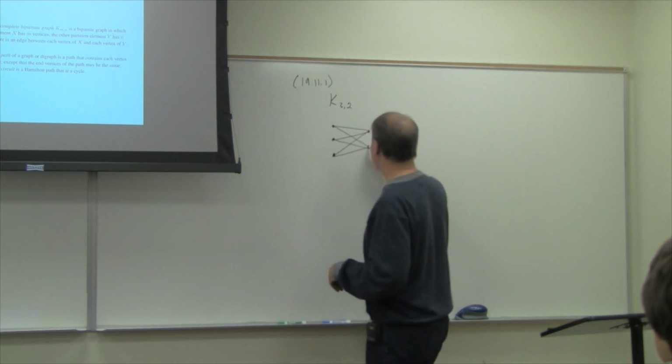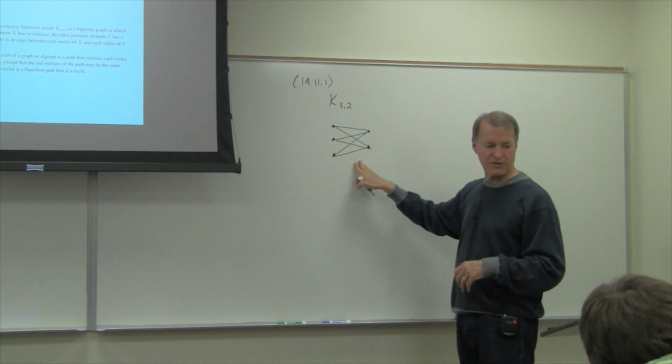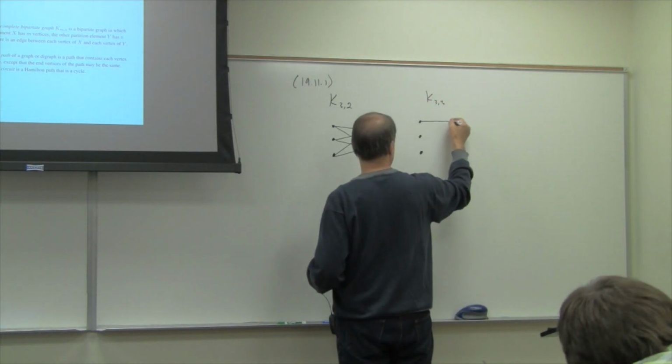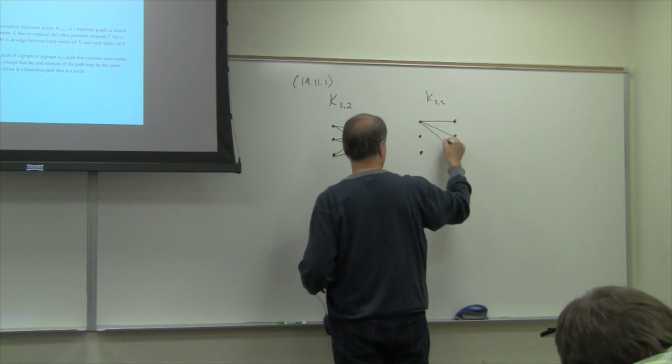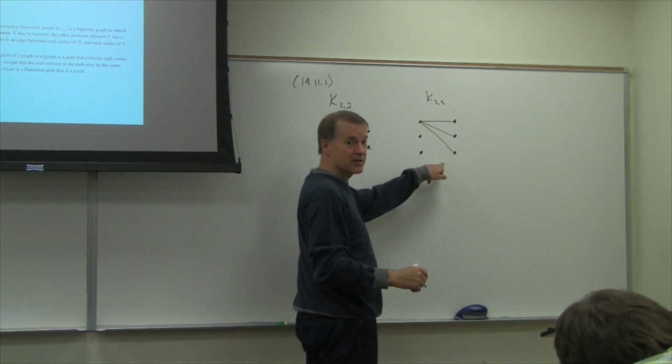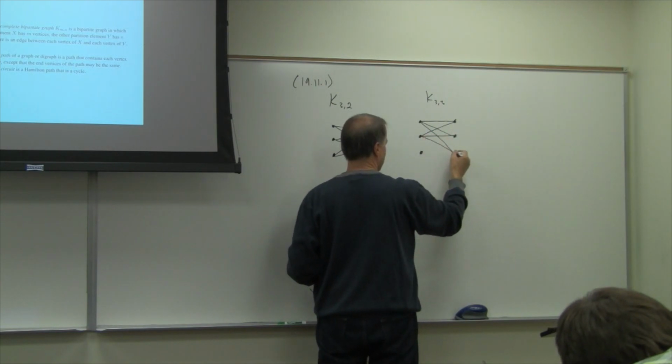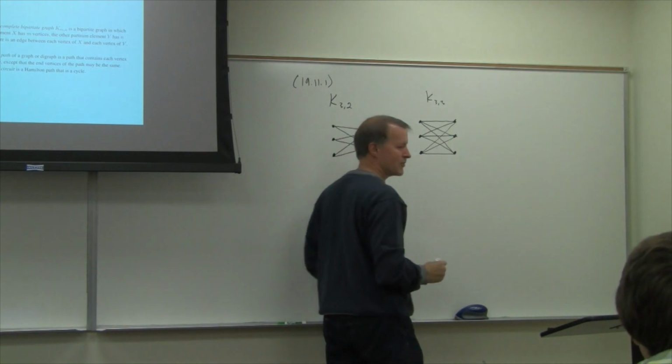So this would be a picture of K_{3,2}. And K_{3,3} would look like this. There would be an edge between this one and every one of these, then between this one and every one of those, and then between this one and every one of those. So this is what the K_{3,3} graph would look like.